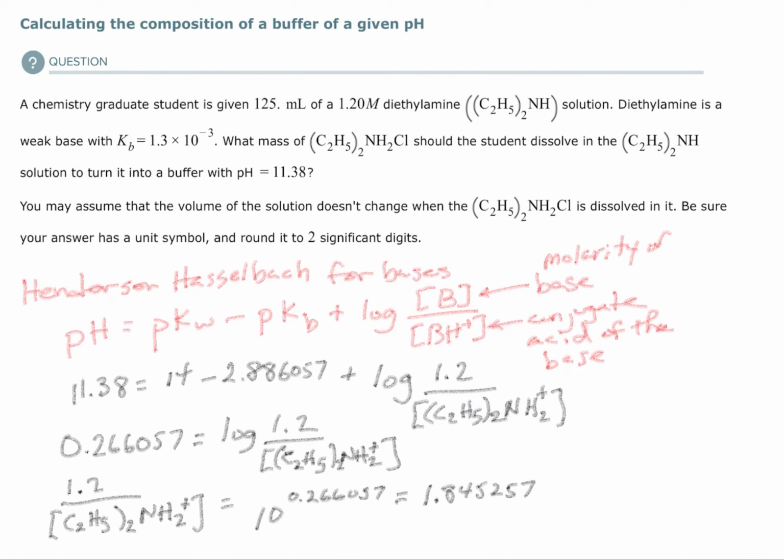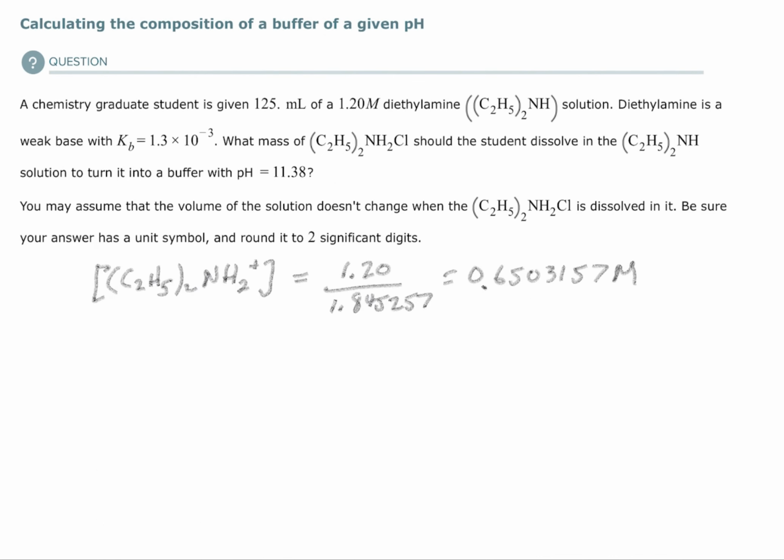I'm really, really wanting that, because if I knew the molarity, then I could figure out the moles. And if I knew the moles, I could figure out how many grams I needed, and that's what they're asking for. So I do a little bit of algebra, a little bit of ugly stuff, and I do a logarithm, and it's ugly, and I end up with the molar concentration of this acid being 1.845 whatever molar.